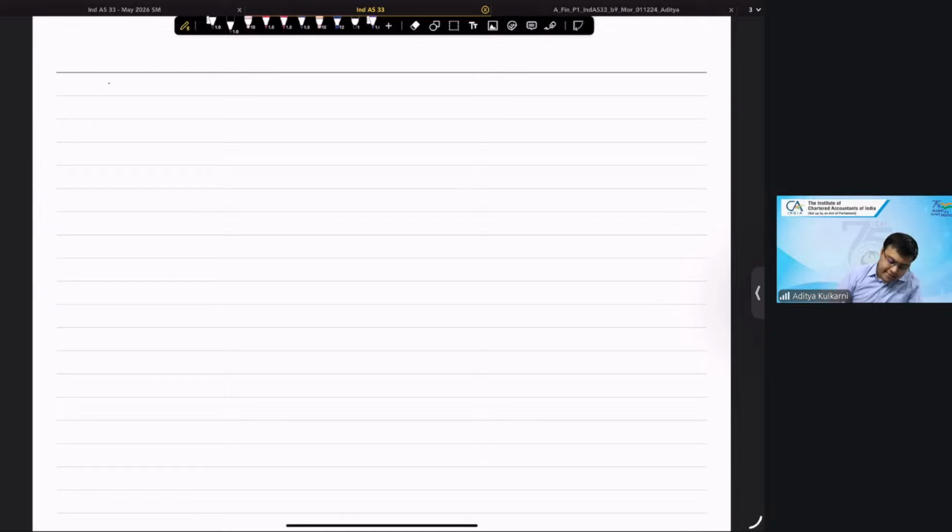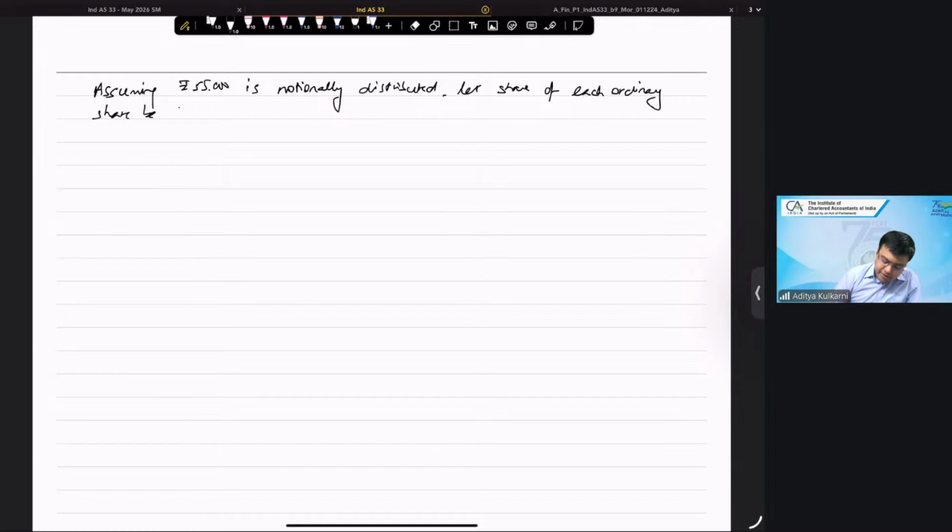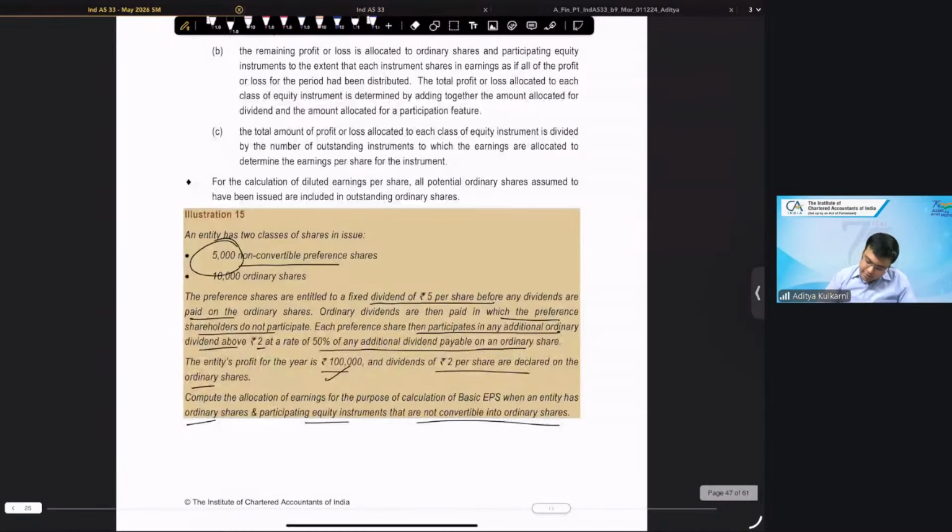So, assuming rupees 55,000 is notionally distributed, let the share of each ordinary share be X. And let us look at the question.